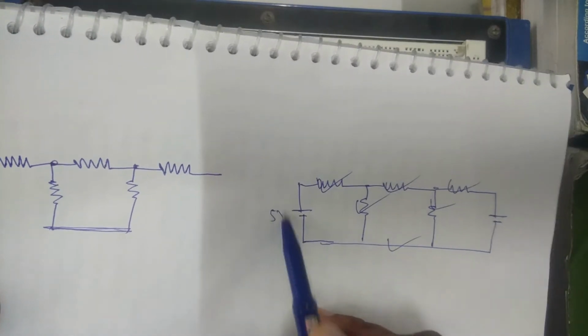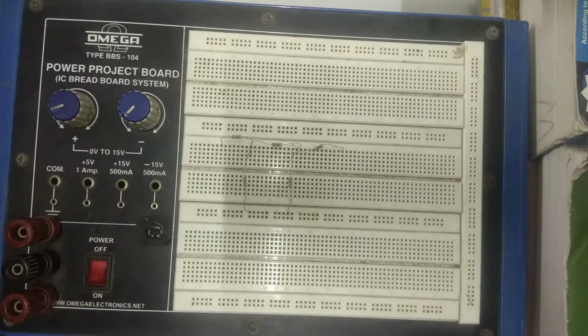Now we have to connect 5 volt and 15 volt. As I have said earlier, we have one kit. In this kit we have a power supply of 5 volt as well as 15 volt. The 15 volt is variable, so from this knob I can use 5 volt, and from this knob I can use a voltage of 0 to 15.